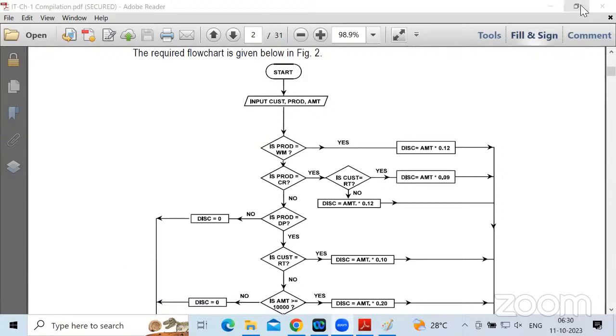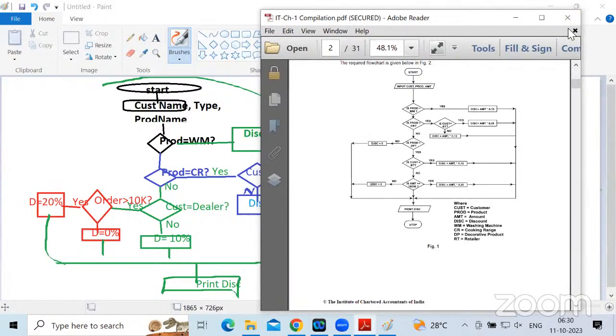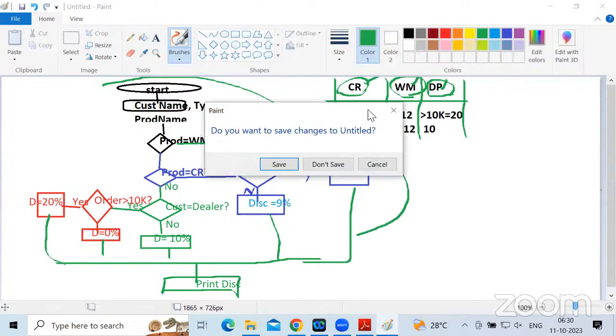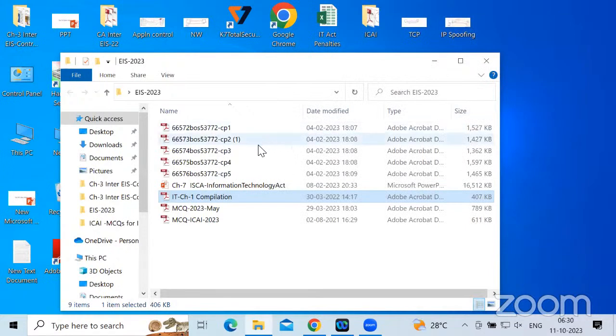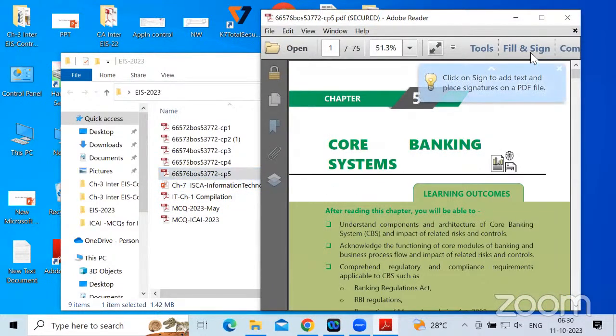Now, because of the non-availability of time, let me go to chapter number 5, and then we'll come back, because in chapter 5 also we have to cover a few portions.